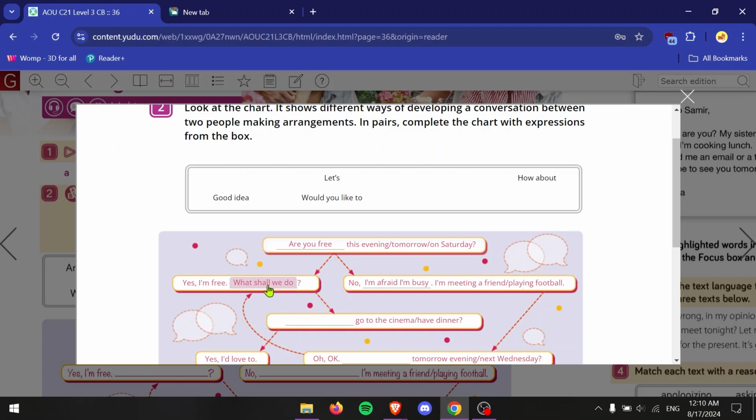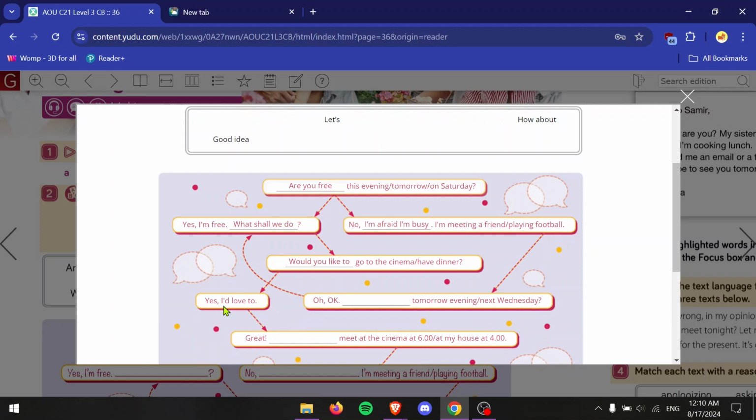If it's a yes, you'll keep going to continue the arrangement. So it'll be a question. Would you like to go to the cinema or have dinner? You could either get a yes, I'd love to, or if they did not agree, you could say something like, oh, okay.